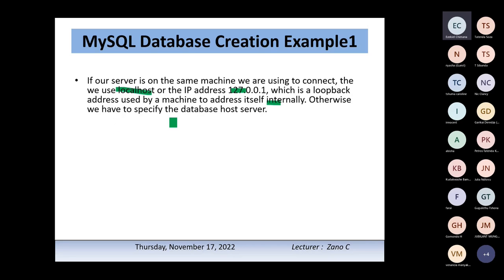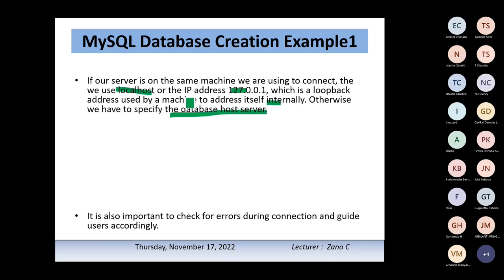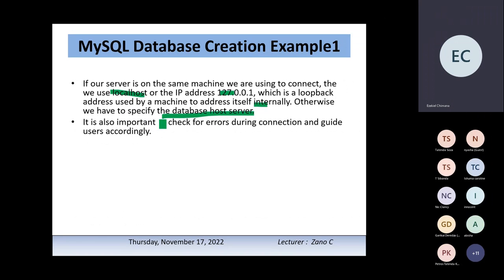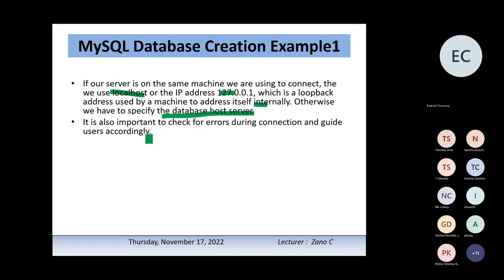Otherwise we have to specify the database host server here if it is not on your machine. So it is also important to check for errors during connection and guide users accordingly. If there is an error, then you need to do something. Maybe you need to retry the connection, or you need to stop the whole process.